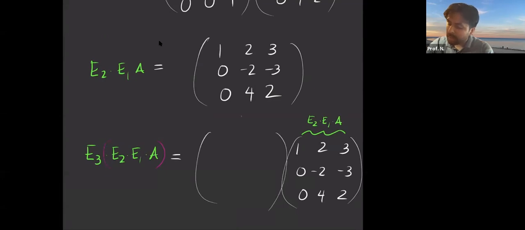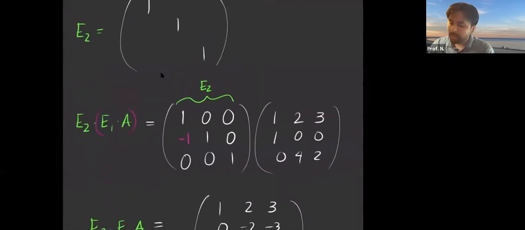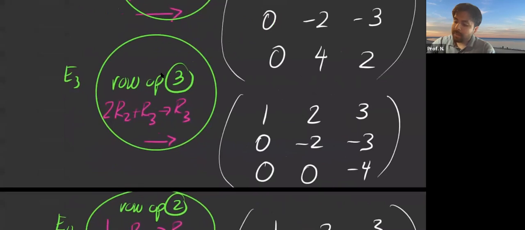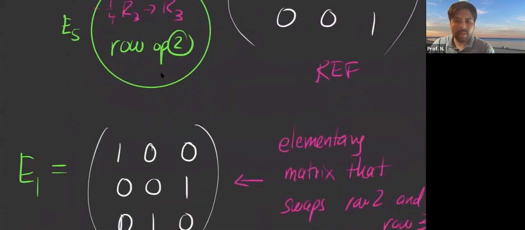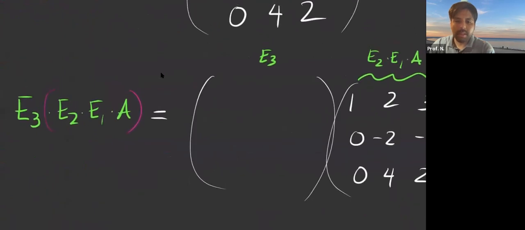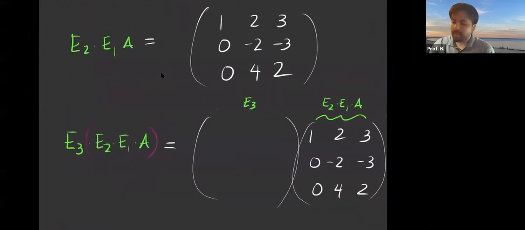What is that third elementary matrix? What do I want to do with this one? What am I told to do? I want to multiply the second row and add it to the third row and make that the new third row. So what would be the elementary matrix associated with that elementary row operation?